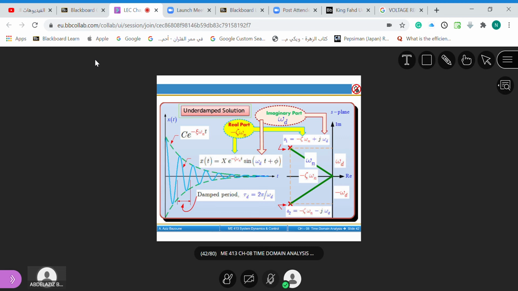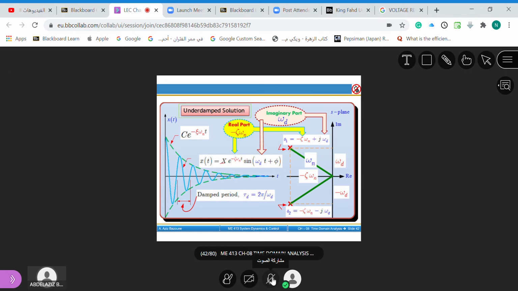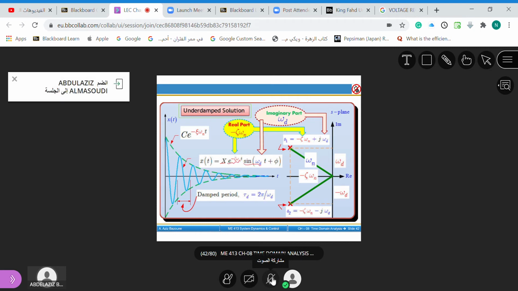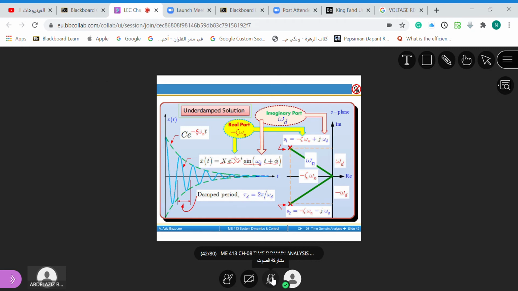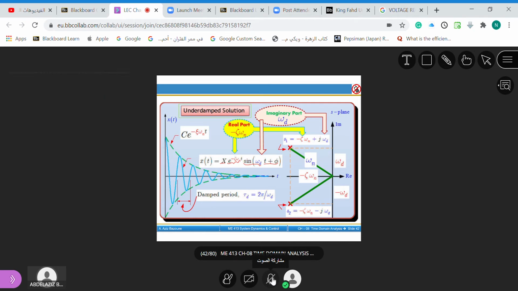The equation for the free response can be written in this form: x of t is equal to x exponential minus zeta omega n t sine omega d t plus phi. So we have two important parameters here. The first is exponential minus zeta omega n t.